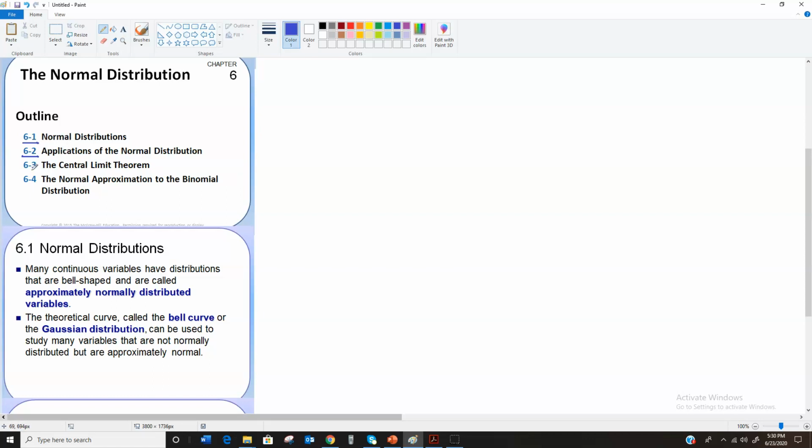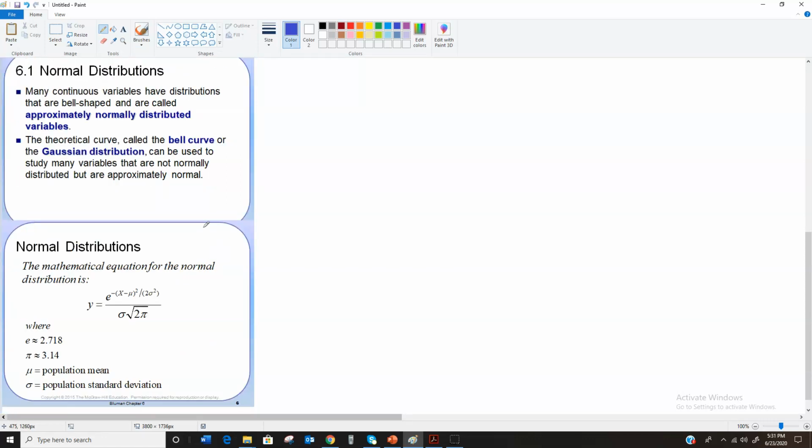And then in 6.3 we're going to talk about the central limit theorem, which goes a little bit beyond just the normal distribution. There's one little added thing in there. I won't get into it. And then in 6.4 we're going to talk about the binomial distribution. So those are the main topics in chapter 6, and for this video we're just going to do the normal distribution.